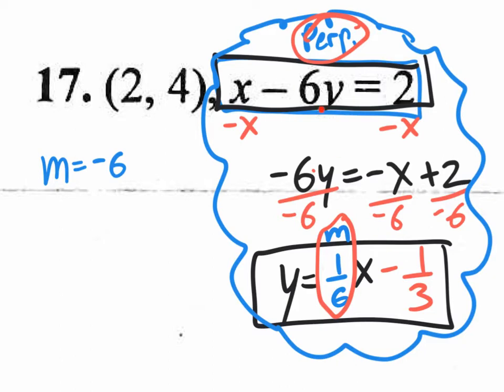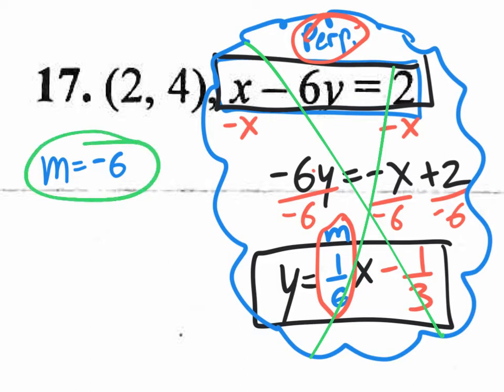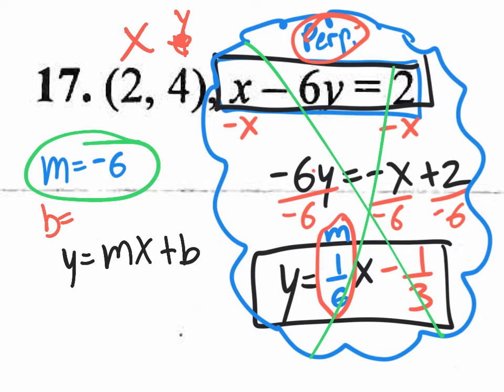In other words, I don't need this anymore. This has nothing to do with my problem anymore. I already got what I wanted, my slope. Now I need my b value. Then I could write it in y equals mx plus b. So let me write down y equals mx plus b, where your y value is 4, your x value is 2. So instead of y, I'm going to put 4 equals, instead of m, I'm going to put negative 6 times x, but instead of x, I put 2, and then plus b, which we're going to solve for b.